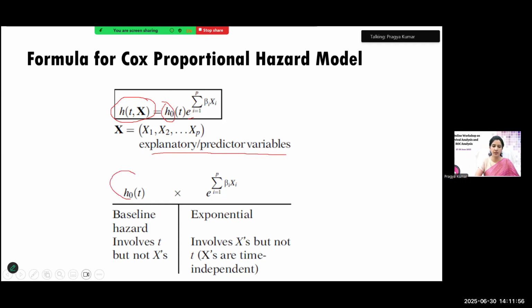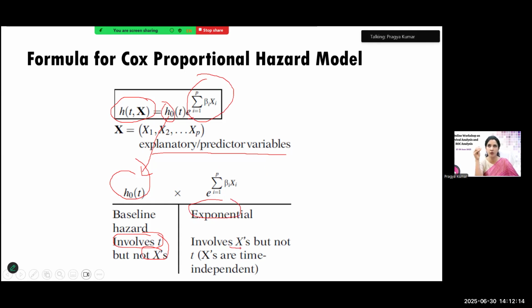This h0(t) is the baseline hazard which involves t, that means time, but it does not have the x's. And the exponent has these x's.